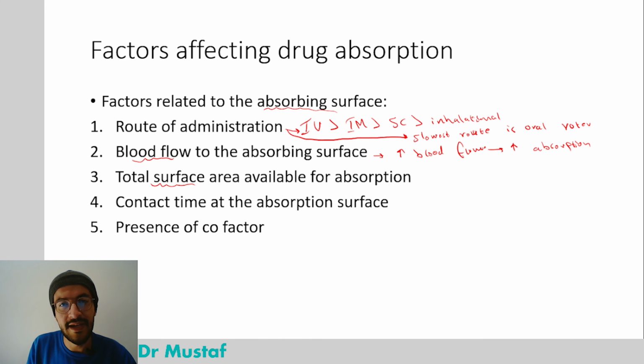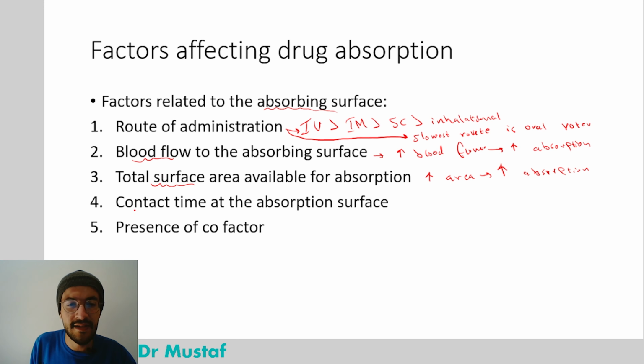The higher the total area available for absorption, the better the absorption. An example would be the intestine. It has 1,000 times the absorbing surface of the stomach, and that's why drugs are more absorbed in the intestine than in the stomach.